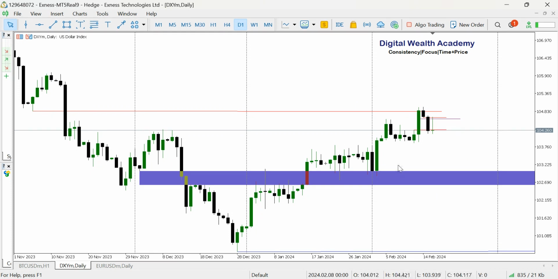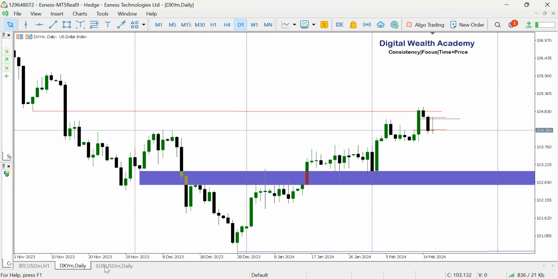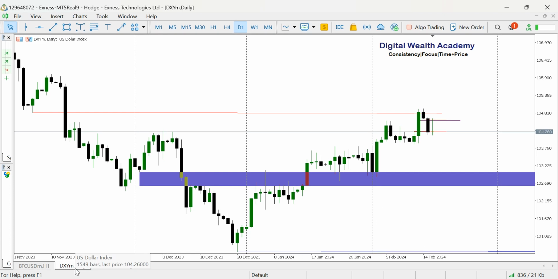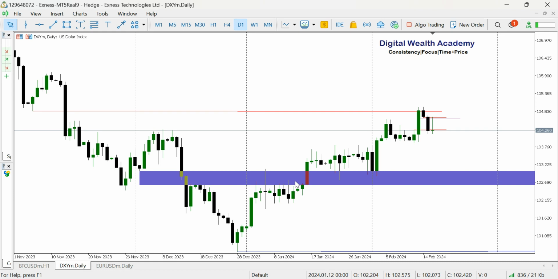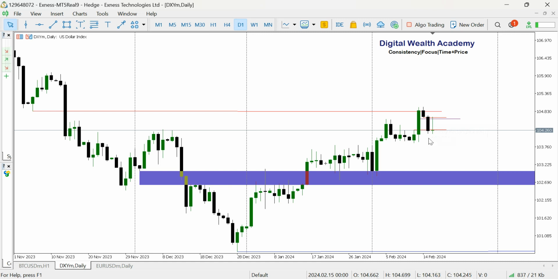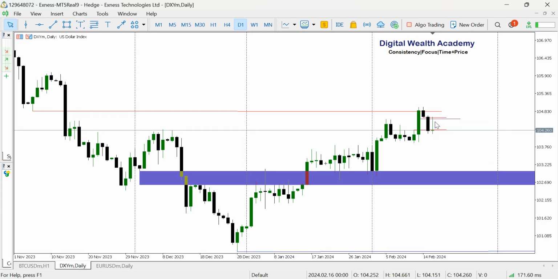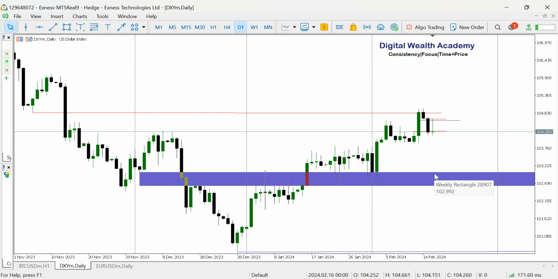So this is the daily contract for the DXY. On the DXY daily contract, we also have that inversion fair value gap, but it is widely open here compared to Euro, and we can anticipate price to go higher, maybe tapping on it before we see lower price delivery.